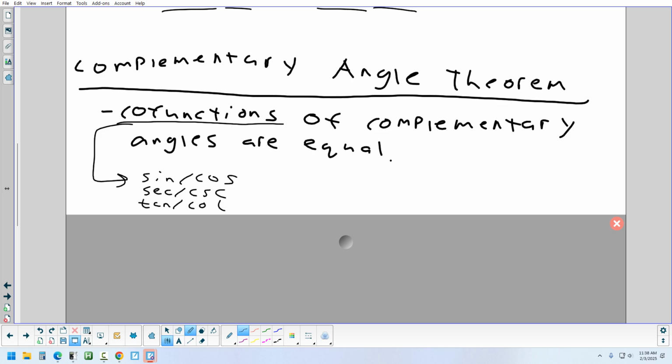Tangent, cotangent. So it's a little bit different pairing than reciprocals. Tangent and cotangent are reciprocals of each other, and they are cofunctions. But the other ones are paired up a little differently. Sine, cosine, secant, cosecant. So if you have two cofunctions and complementary angles, then the expressions are equal.